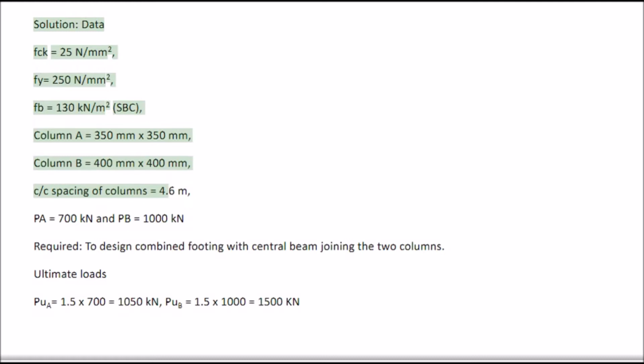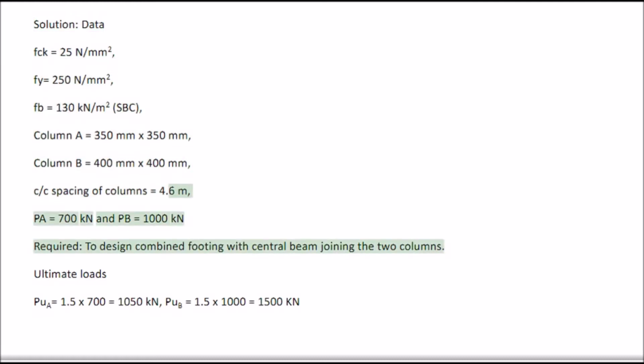Solution. Data: fck equals 25 N/mm2, fy equals 250 N/mm2, SBC equals 130 kN/m2, column A equals 350 mm x 350 mm, column B equals 400 mm x 400 mm, CC spacing of columns equals 4.6 m, PA equals 700 kN and PB equals 1000 kN.